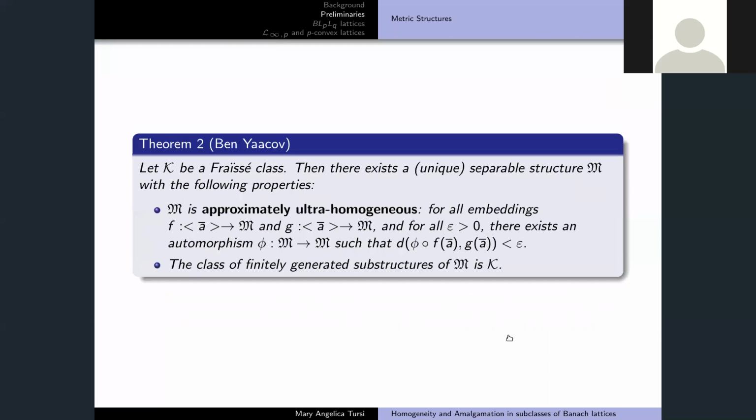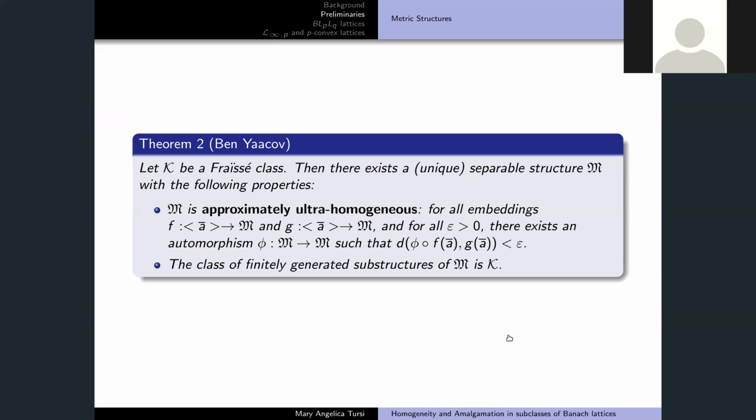And so the main big theorem about this is that if you have K a Fraïssé class, then there is a unique separable structure with the following properties: that it's approximately ultrahomogeneous. So if you take some structure generated by the tuple A into this script M, you have two different embeddings respecting all the operations and whatnot.